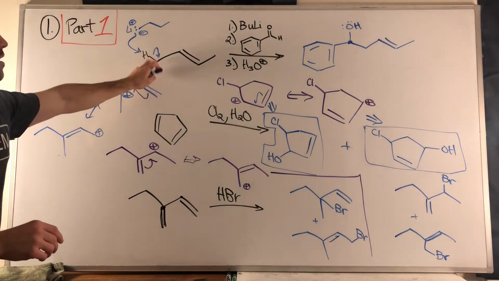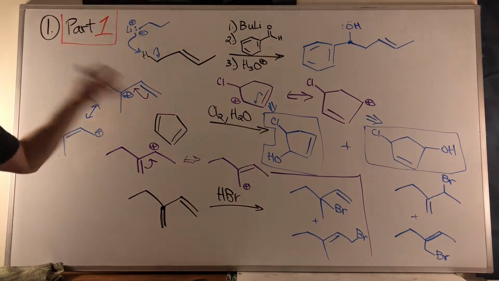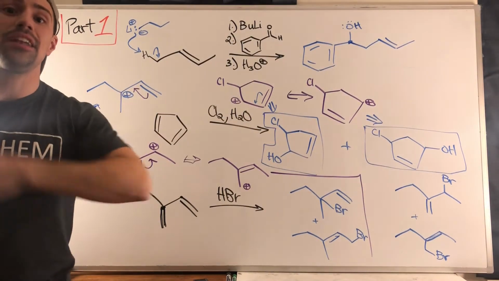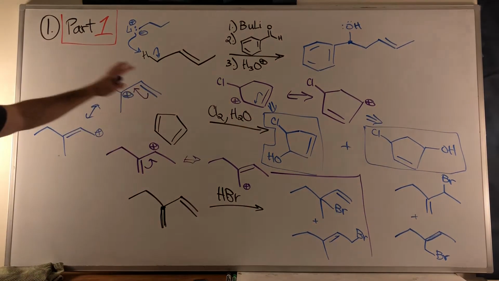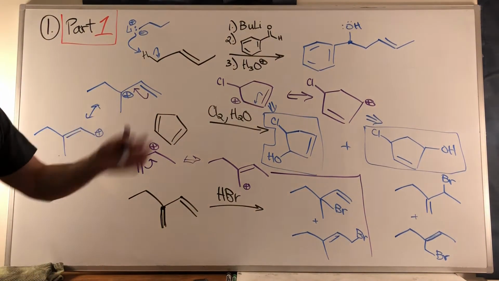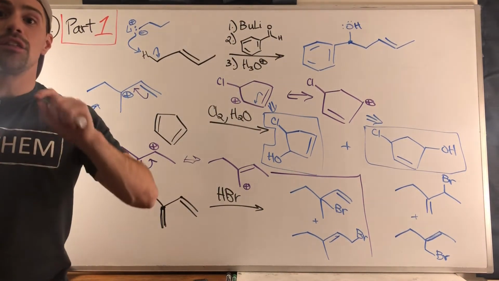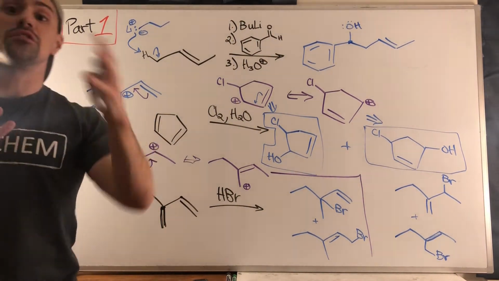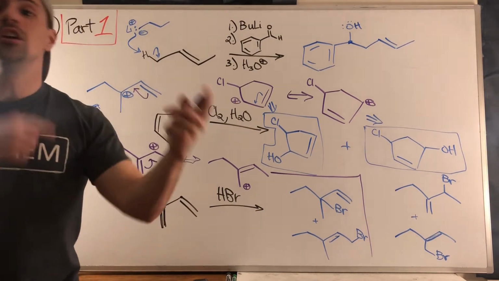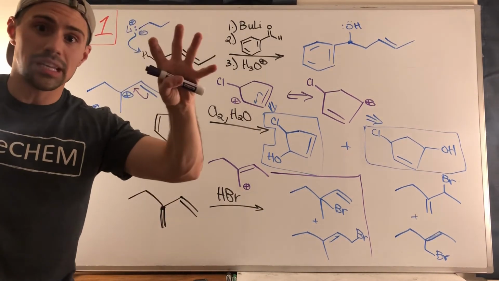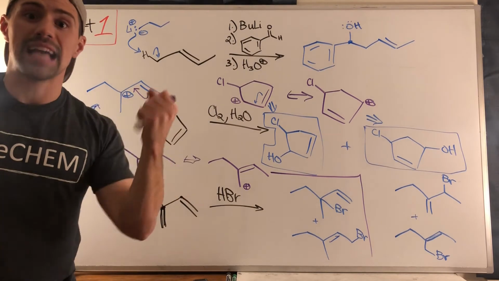Ripping off the proton in the allylic position, making a good nucleophile, attacking an aldehyde, protonating it up. Here, we did the halogenation of a double bond. We saw that we just had to generate the first part, the part where the carbocation was formed, draw the resonance. So then we took our two intermediates, finished the reactions by attacking with water.